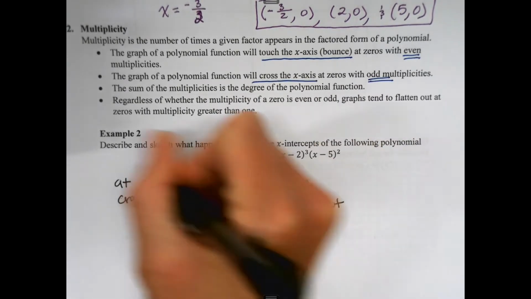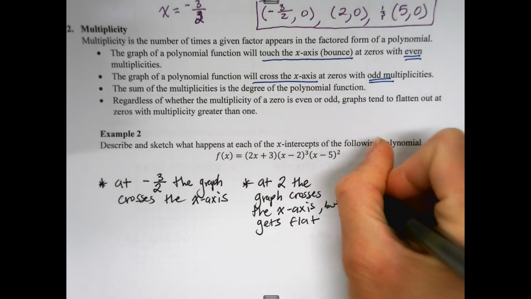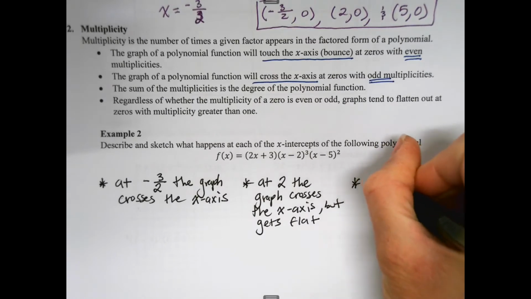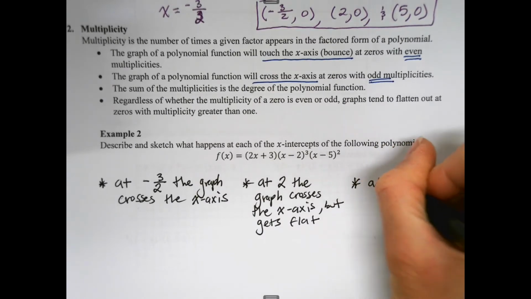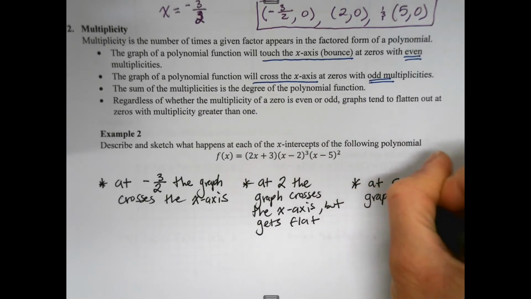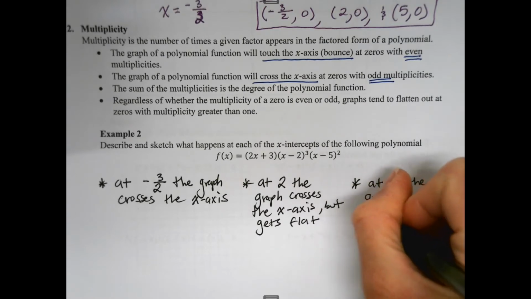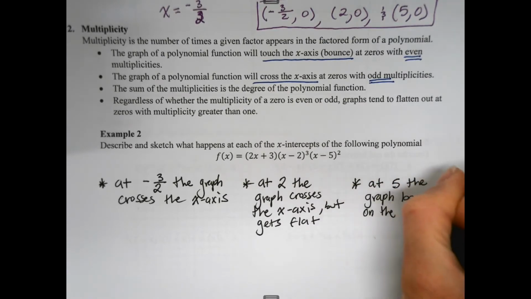And then at 5, the graph bounces on the x-axis.